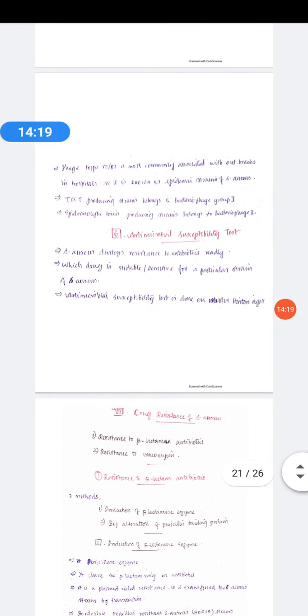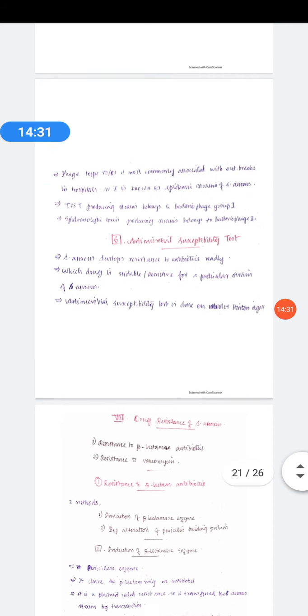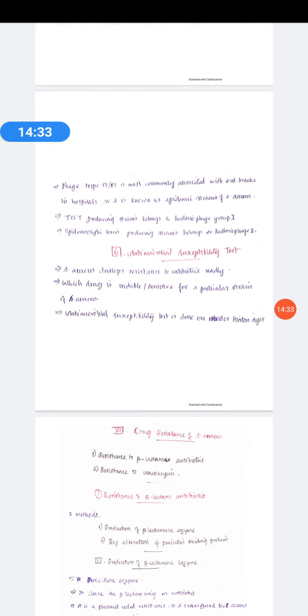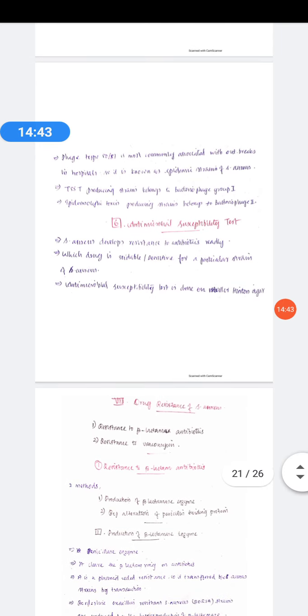The phage type 80/81 is most commonly associated with outbreaks in hospitals, so it is known as the epidemic strain of Staph aureus. When we are talking about Staph aureus, phage type 80/81 is the phage type for Staph aureus.